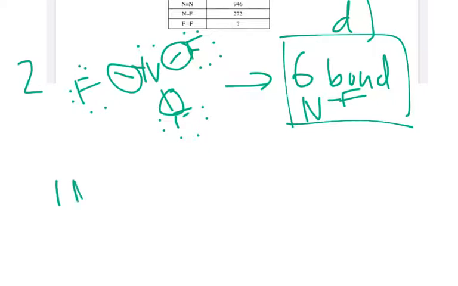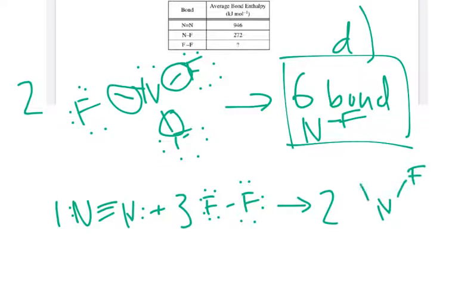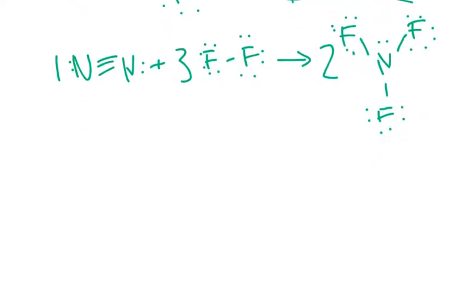So 1 mole of N2, which looks like that, and we are combining it with 3 moles of F2, and these will have lone pairs on them, and it becomes 2 nitrogen trifluorides. So it looks like that, and the lone pair there, and there you go. These are the Lewis structures.